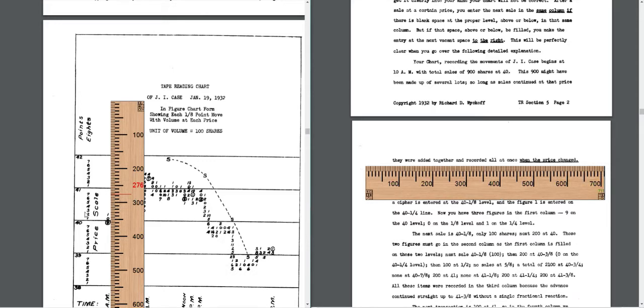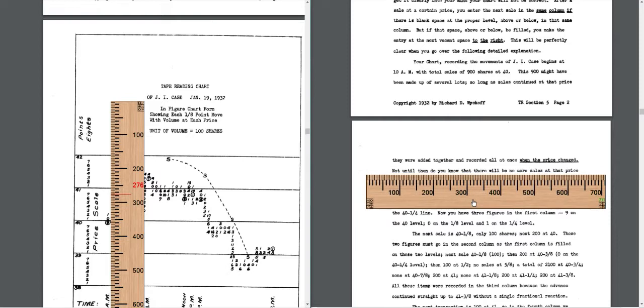So again, 900 traded at 40. One lot, two lots, who cares? One trade or 2 trades or 100 trades, who knows? Not until then do you know that there will be no more sales at that price.